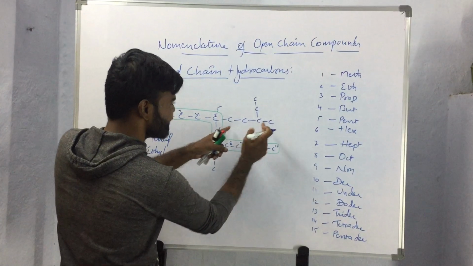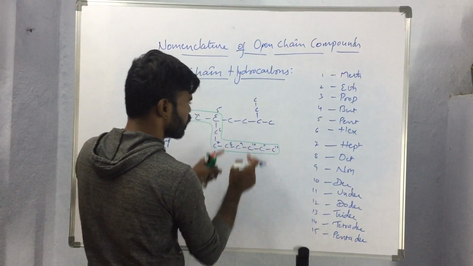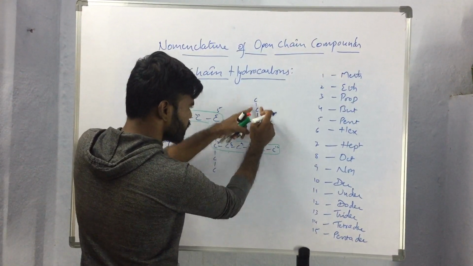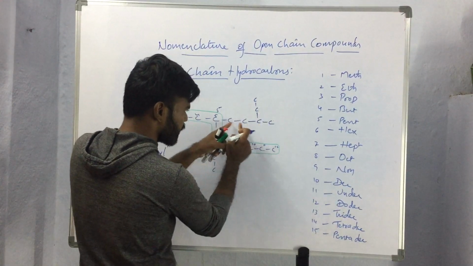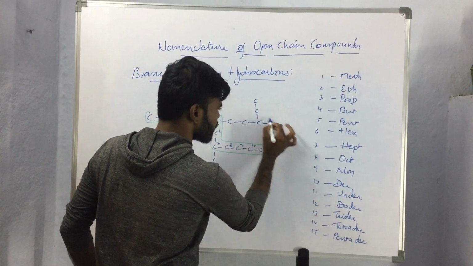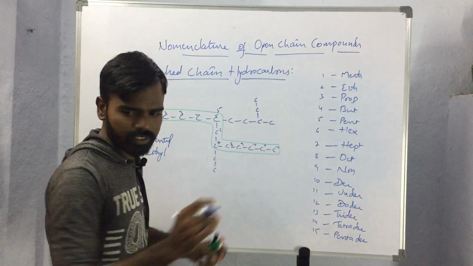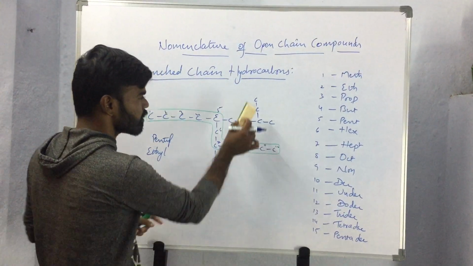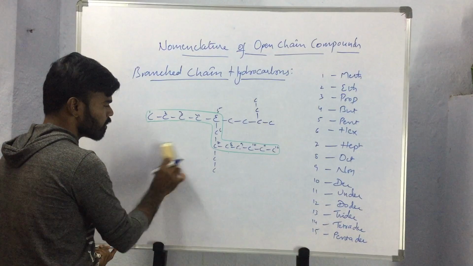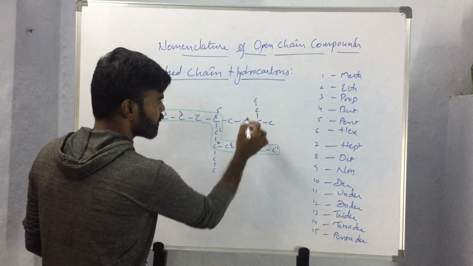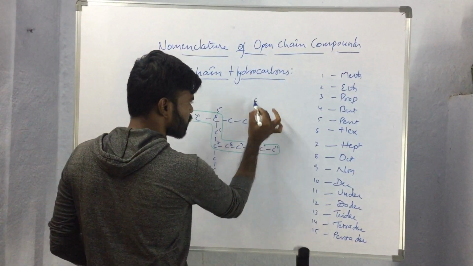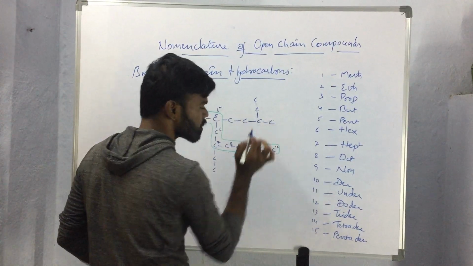So in this condition, we have to select this as the parent chain, and for the substituent, as we did in previous conditions, we have to apply the same thing here also. So what will be the case here? This is the pentyl substituent. On this pentyl substituent, one methyl substituent is present.